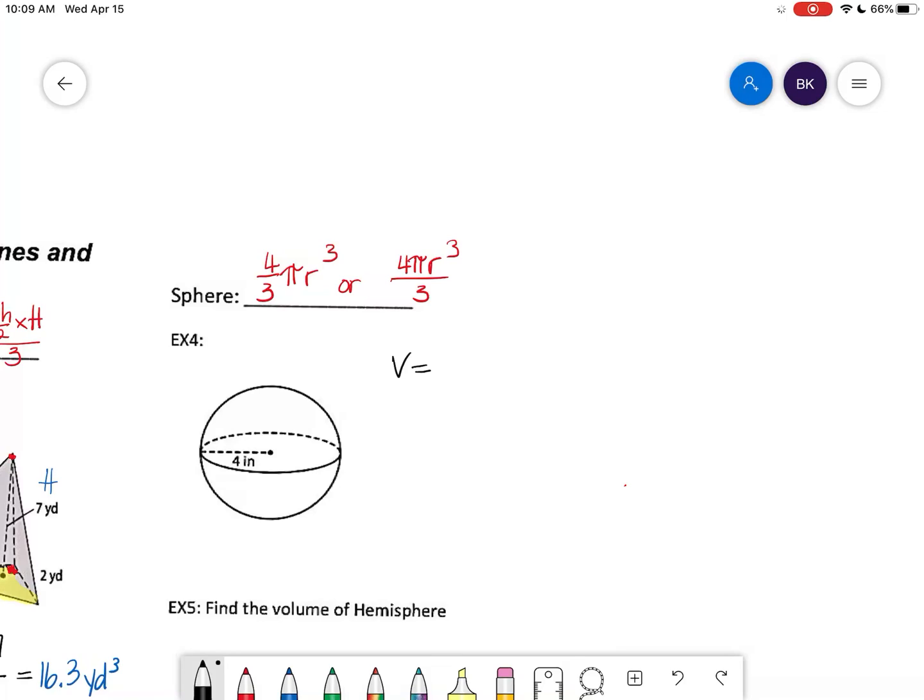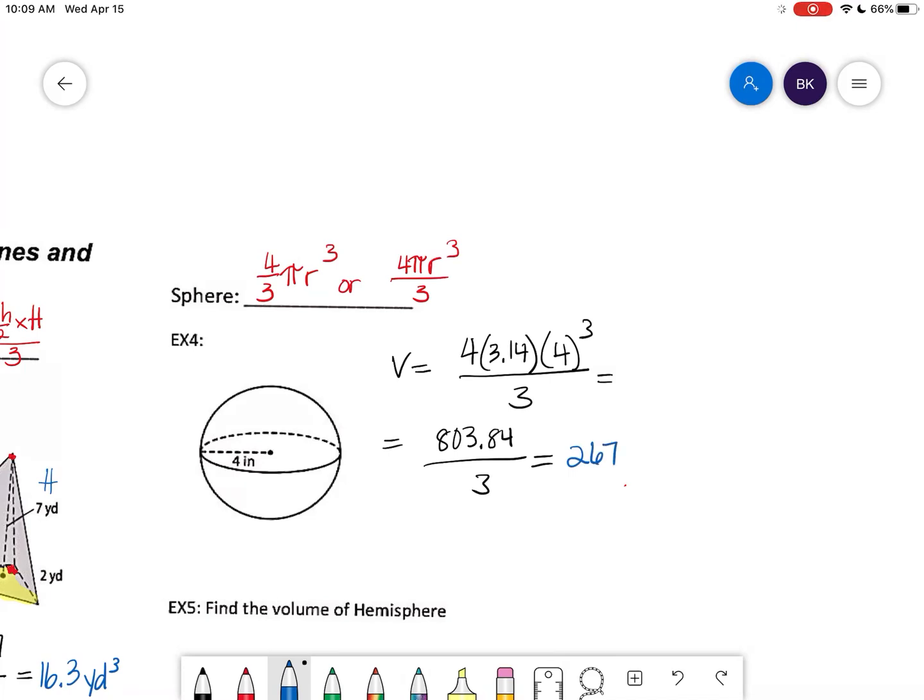Volume equals 4 times 3.14 times the radius, which is 4 cubed, and everything is divided by 3. When you simplify that, you'll have 803.84 over 3, and your final answer is 267.9 inches cubed.